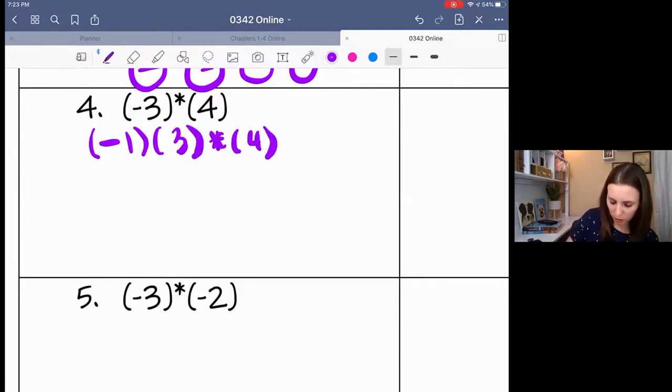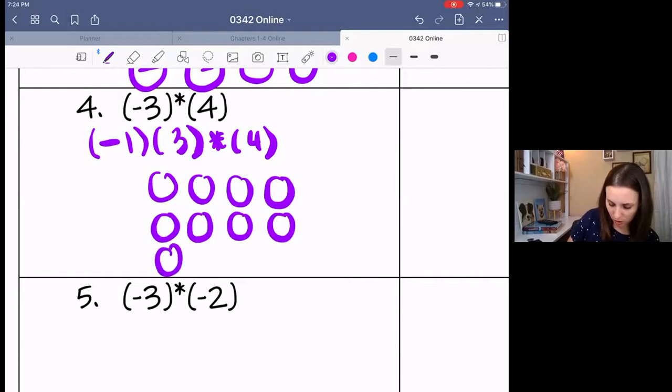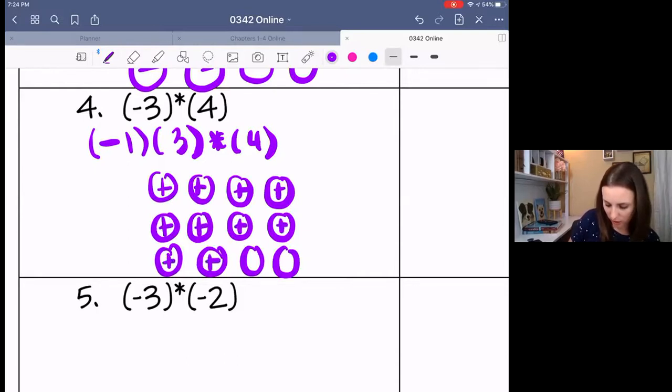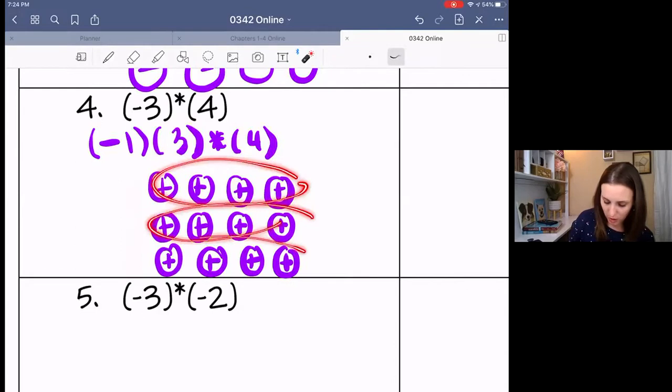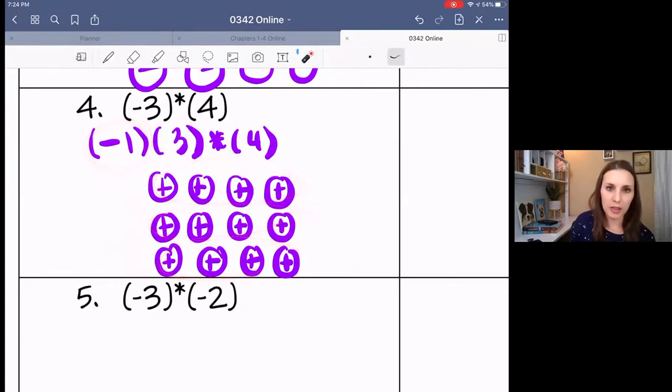So 3 rows of 4. 1, 2, 3, 4. 1, 2, 3, 4. 1, 2, 3, 4. They're all positive. If you did the colored ones in for negative and the blank ones for positive, that would be fine. That way you don't have to draw those little positives. So I do have the 3 rows of +4s, but this negative has to play into the answer.